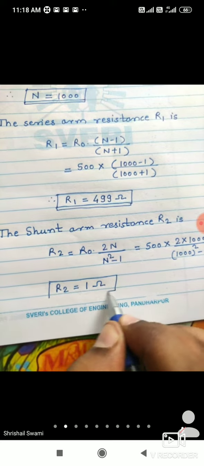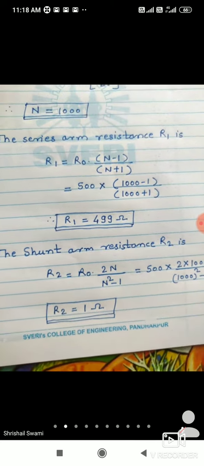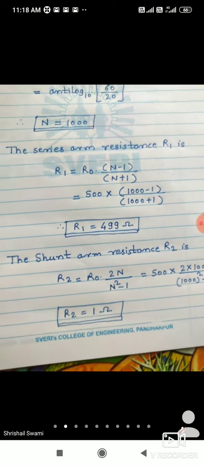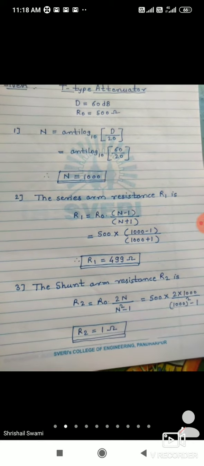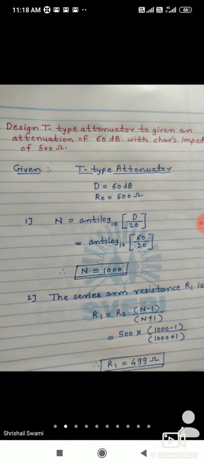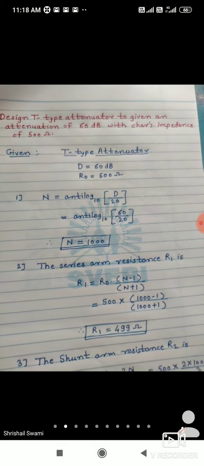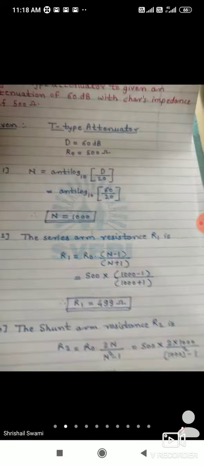So this will give R2 and this will give R1. All three formulas we have used: we calculated N, and based on N we got the R1 and R2 values. So what is the next step? Because they are asking to design, similar to filter, what is remaining now?